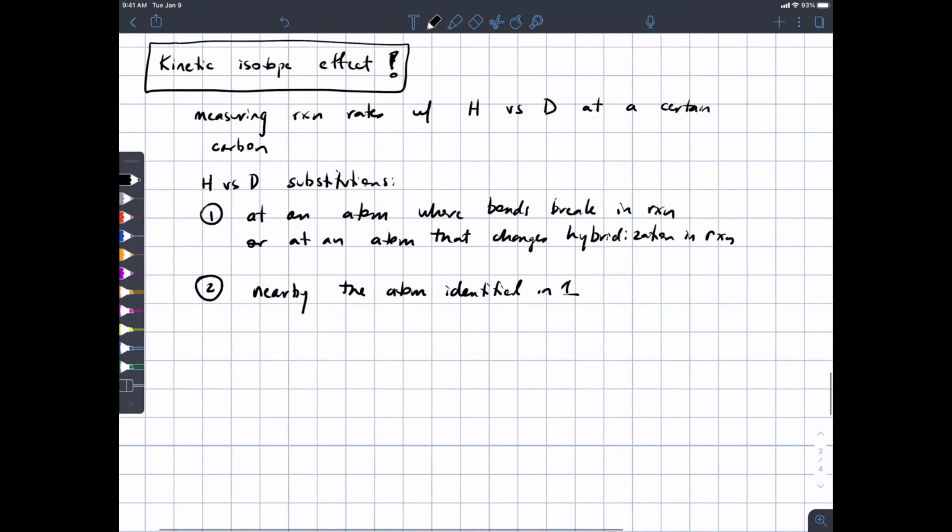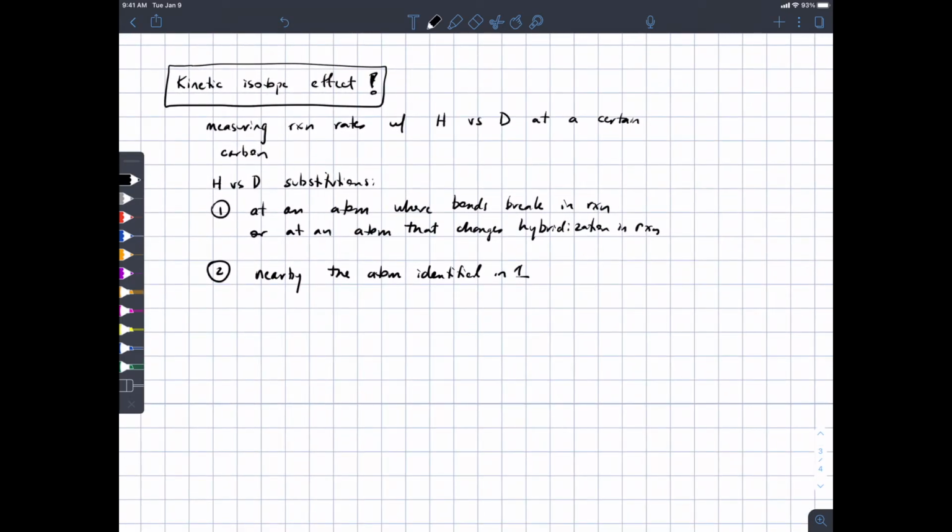And generally, the kinetic isotope effect is given as a ratio of rate constants.